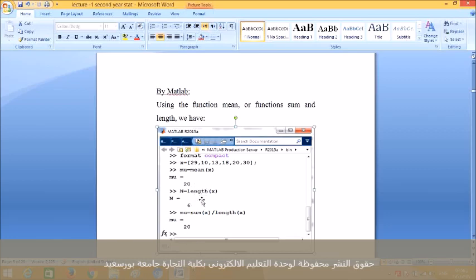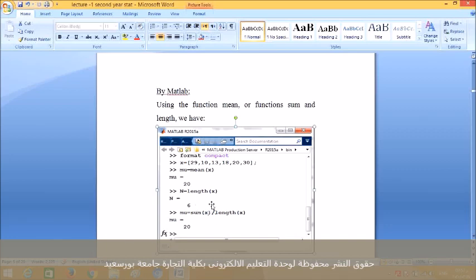If you want to know the length of x, that means the number of data entered in x, use the command n equal length of x. Here n can be replaced by any other letter or name or anything. Never mind about this letter which is written before the equal sign. Okay, so the length of x equal 6.